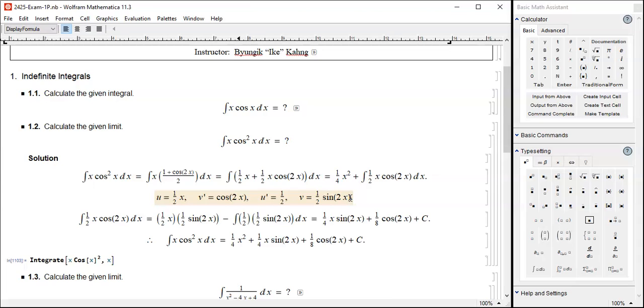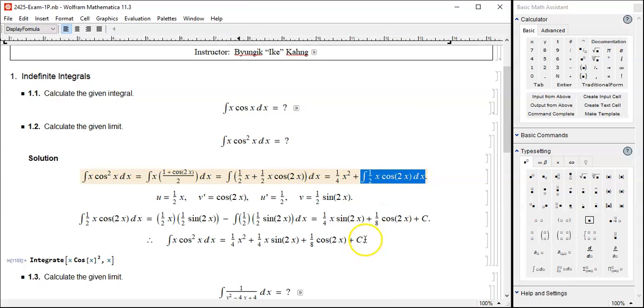Okay, let's put everything into the integration by parts formula. u times v, and then u prime v. So after a bit of simplification, this is 1/2 times 1/2, so 1/4, and then sine of 2x, so I need another 2, so I have 1/8 down here. And that is the antiderivative computation for this part.